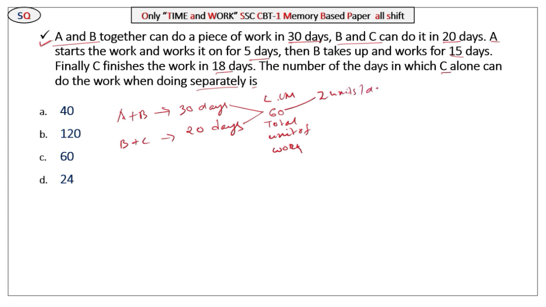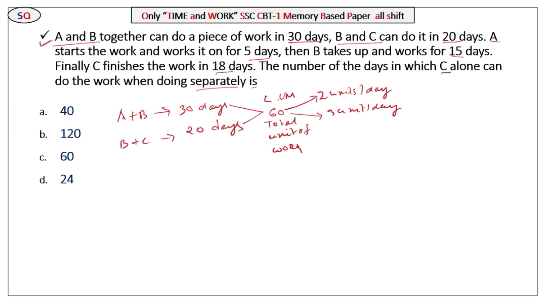per day, and B plus C can do 3 units per day. Now we have to find in how many days C alone can do the work separately.